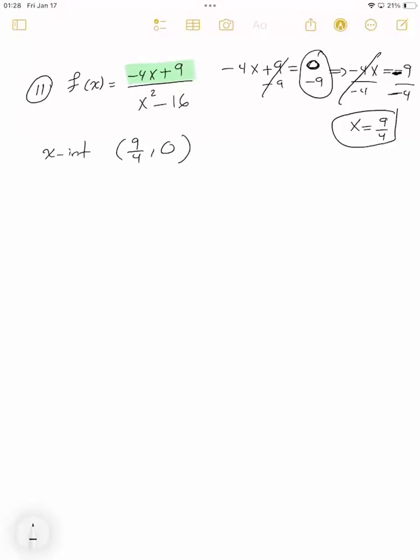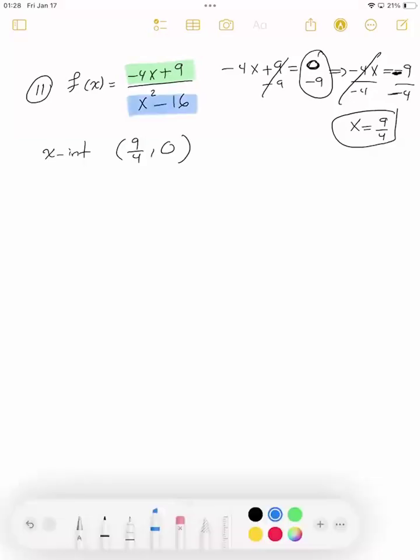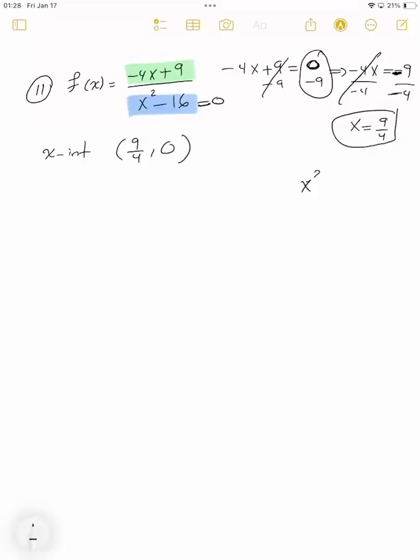To find the vertical asymptote, you set the denominator equal to 0. So you get x squared minus 16 equal to 0. To solve this equation, isolate your only x term, so add 16. Get rid of the square by putting square root on both sides.